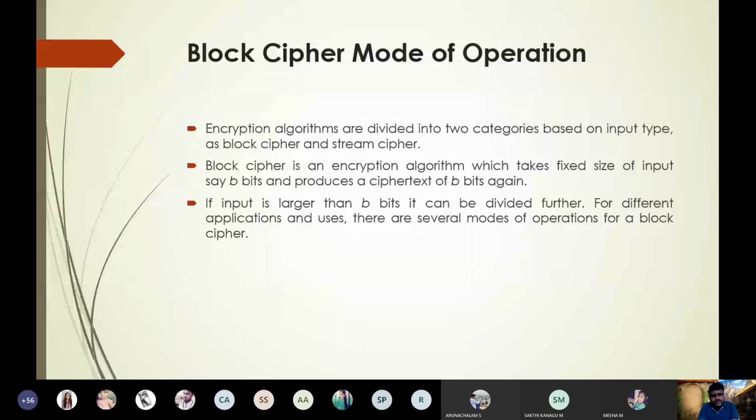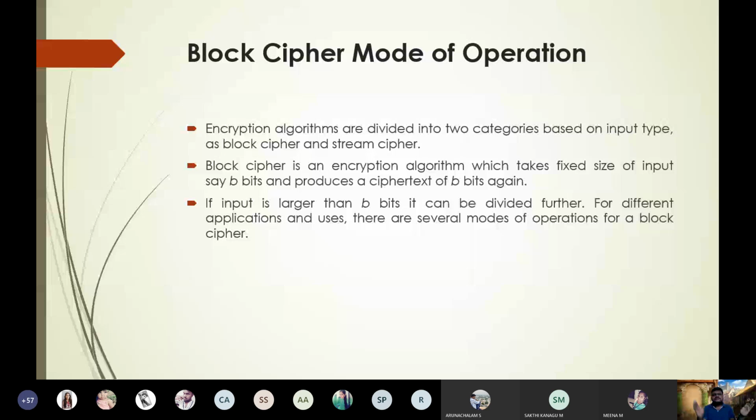If the input is larger than the block size, it can be divided further. Suppose I have data which is more than 64 bits and I need to encrypt it. If my data is 128 bits, I can divide it into two parts, 64 bits and 64 bits.